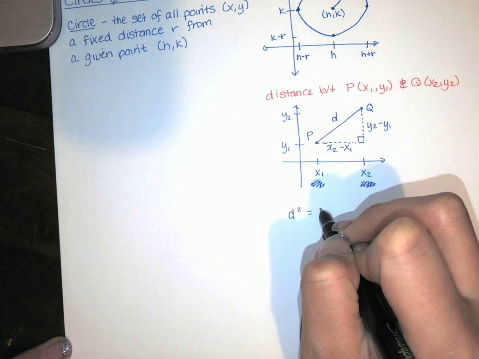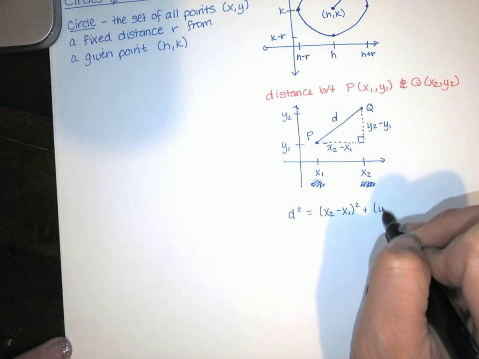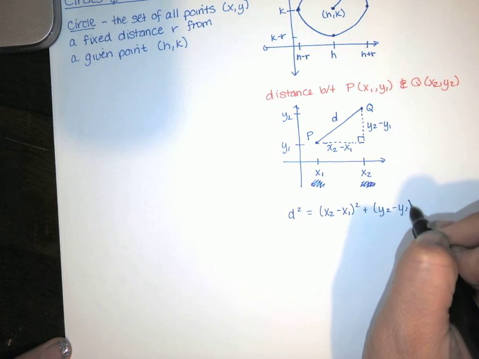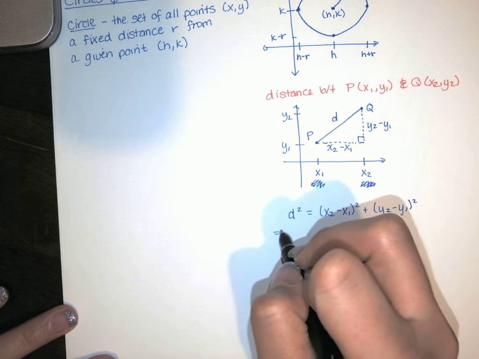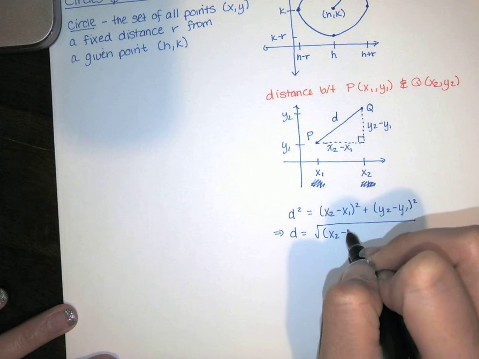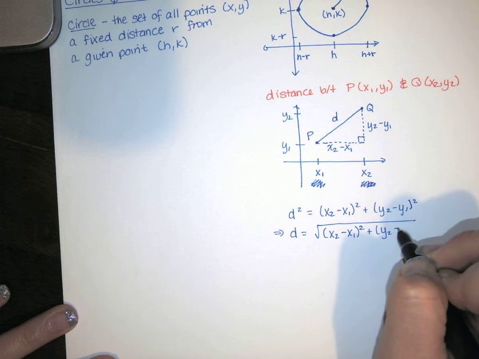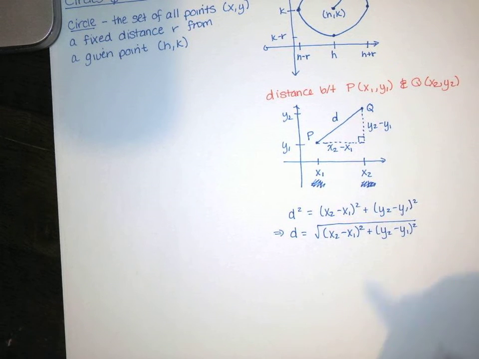So the distance squared is (x2 minus x1) squared plus (y2 minus y1) squared. And if I want to get the distance by itself, I just take the square root of both sides. So now I've got the distance between those 2 points.